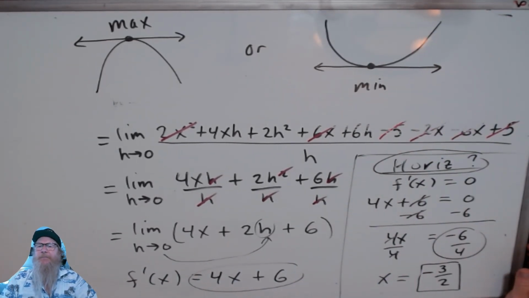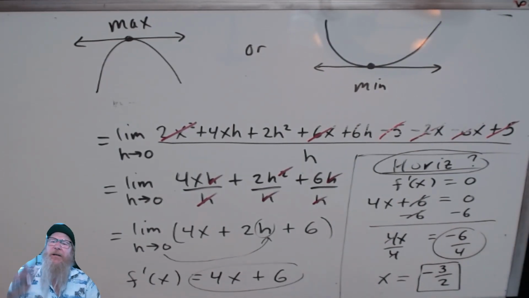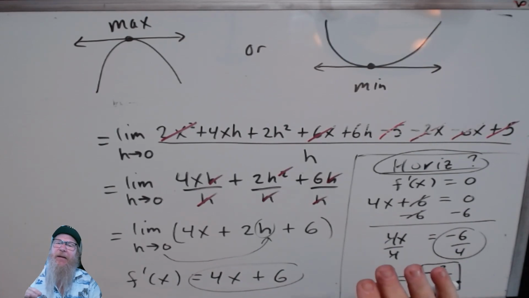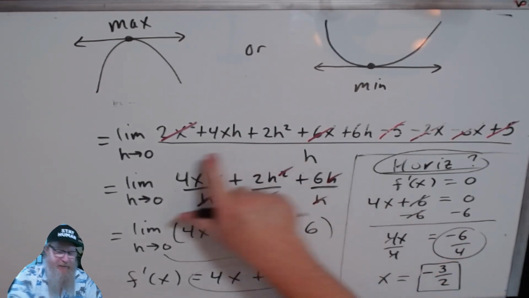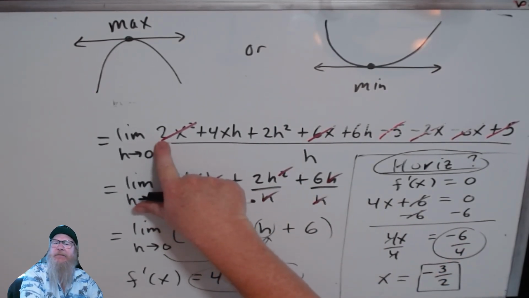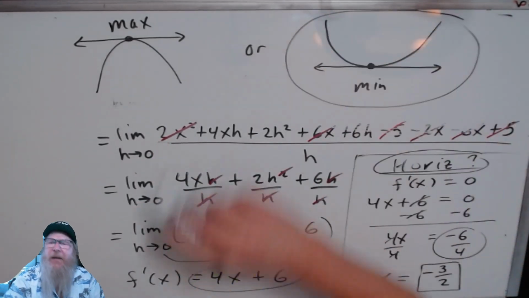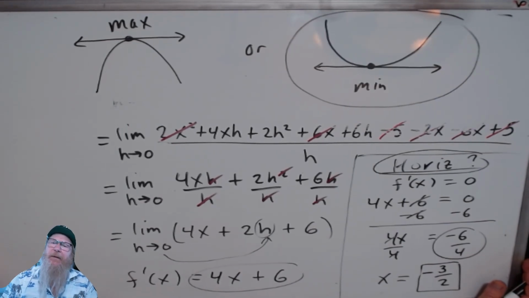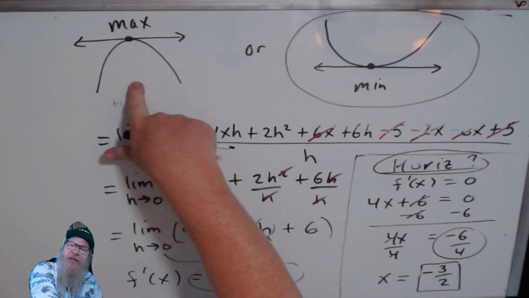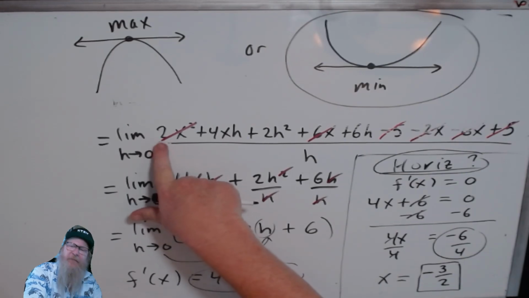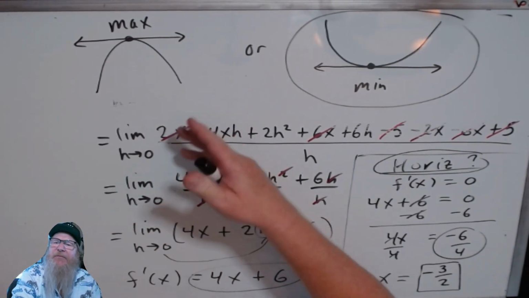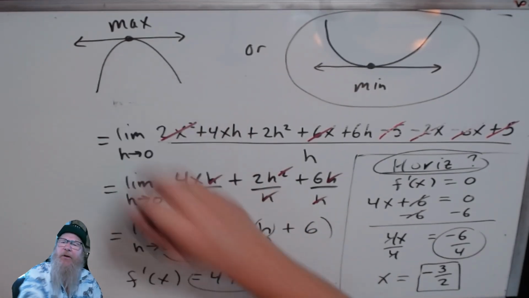All right. Now, based on the original graph, we knew that the leading coefficient was positive. The leading coefficient was 2. So in this particular example, we know that it was a minimum. If the leading coefficient had been a negative number, so if that 2 had been -2 or some other negative number, then we would know it was a maximum.